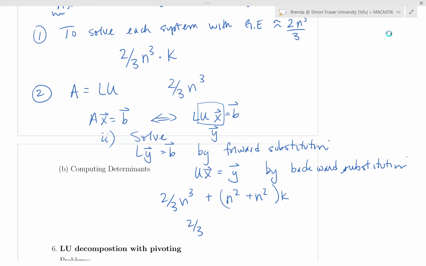The other one we mentioned briefly when this question came up at the last lecture was computing determinants. The determinant of a lower or upper triangular matrix is simply the product of the diagonal entries. So if you want to take the determinant of A, that would be the determinant of LU, which is the determinant of L times the determinant of U by the properties of determinants.